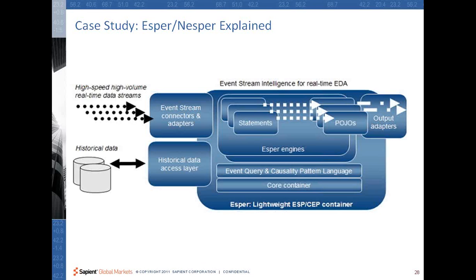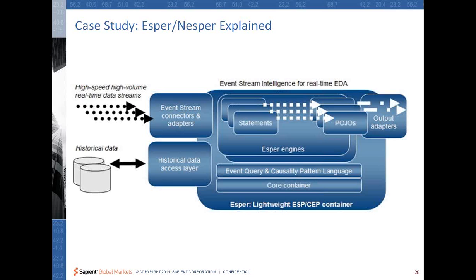Esper also provides adapters to connect with databases and retrieve historical data from there. While it gives a rich event processing language which comes with a query language as well as a pattern recognition language and attaches the temporal nature to it, Esper provides windows as well.